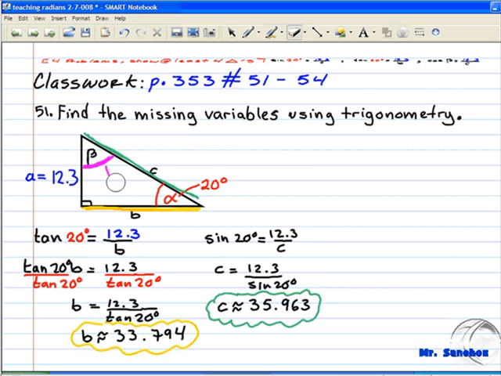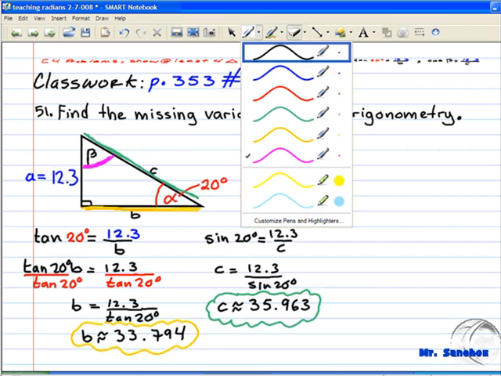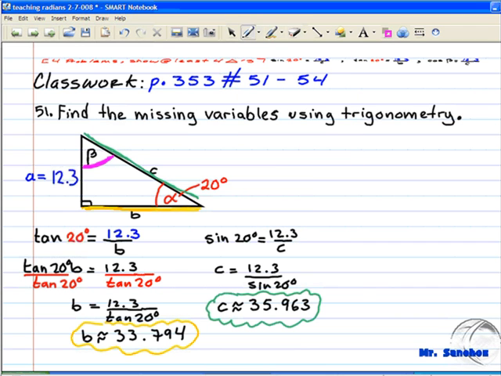But to show that we can use cosine, we can relate to the given information, which was the length of a, which was given as 12.3. From the perspective of beta, 12.3 is the adjacent side towards it. And again, the trigonometric ratio definition of cosine is the adjacent side over the hypotenuse.